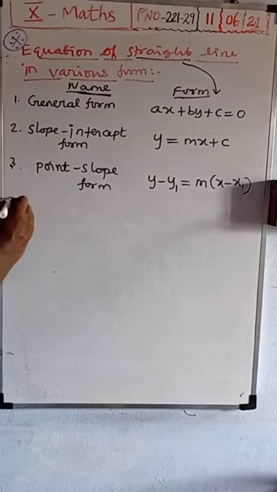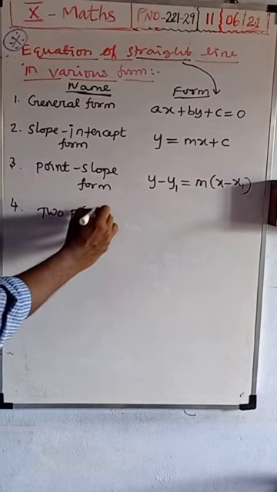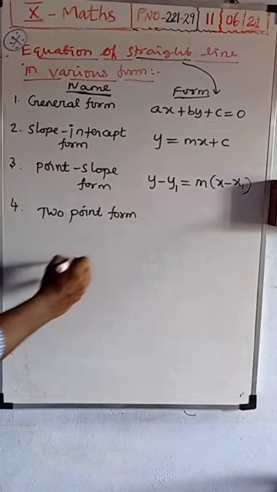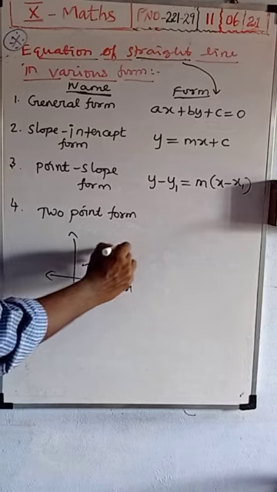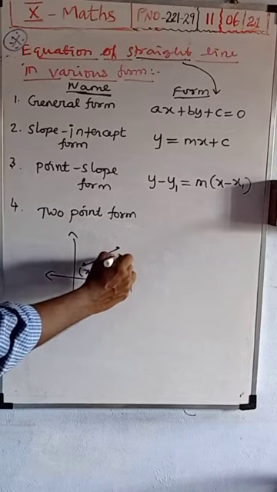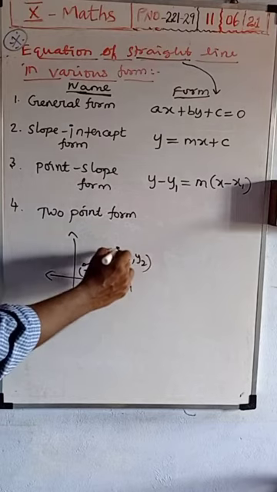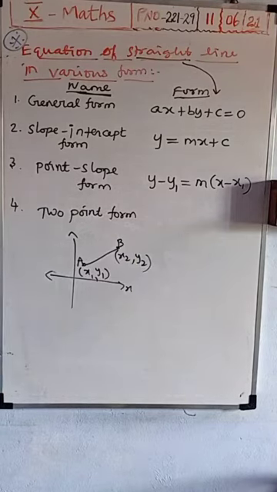Next, the fourth one, 2-point form. In this diagram, both points are given. Here x1 y1, here x2 y2. Suppose you choose this as A and this as B, the equation of the straight line AB.